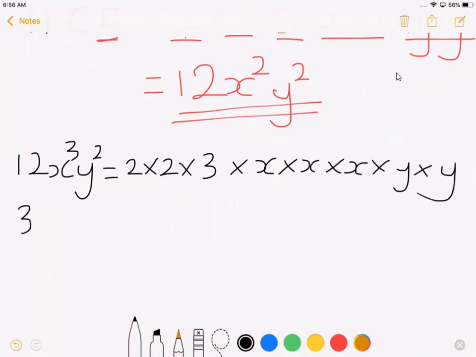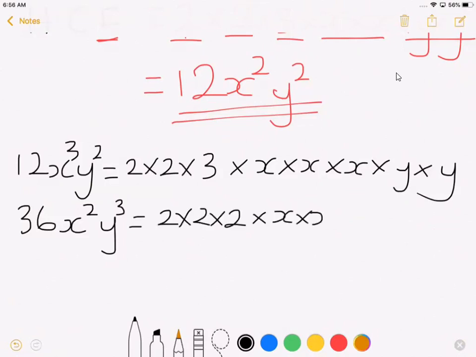And 36x squared y to the power of 3 is equal to 2 times 2 times 2 times x times x times y times y times y.